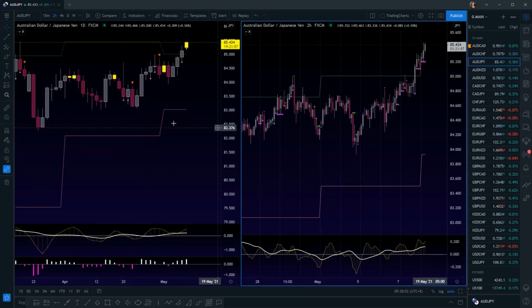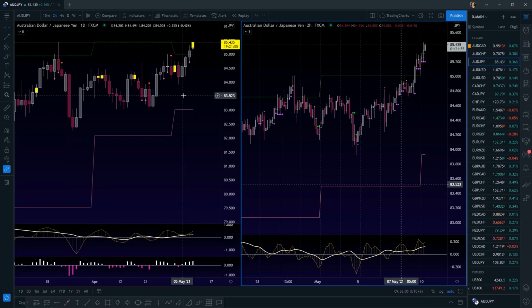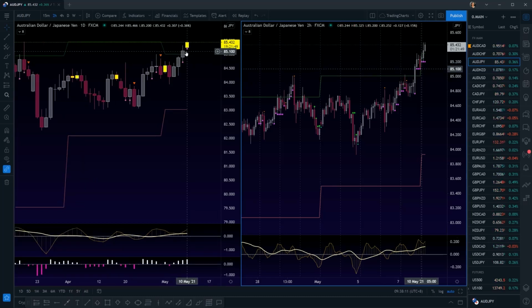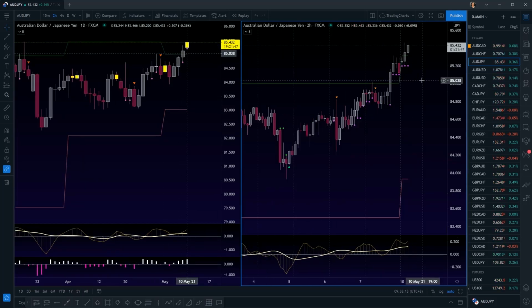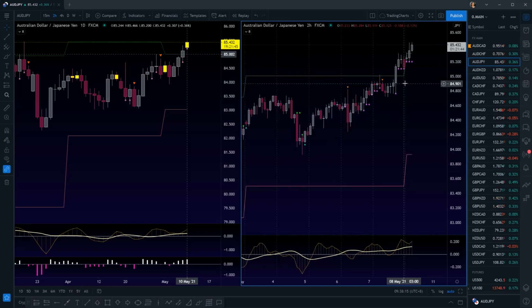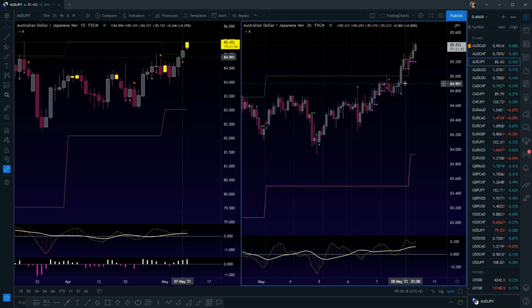Aussie Yen. Okay, it's punched through previous month high right here. So this morning has been on the upside. Right now, no potential entry.